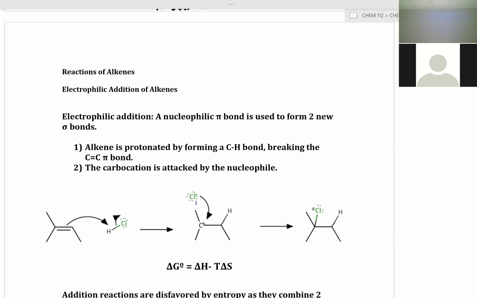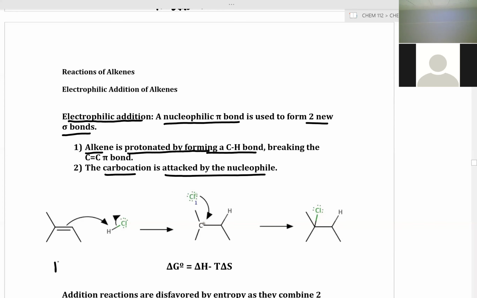The first of which is electrophilic addition. Electrophilic addition is where we have a nucleophilic pi bond, and we use that nucleophilic pi bond to form 2 new sigma bonds. So in electrophilic addition to our alkene, first and foremost, our alkene is protonated by forming a CH bond, and then the carbocation is attacked by the nucleophile.